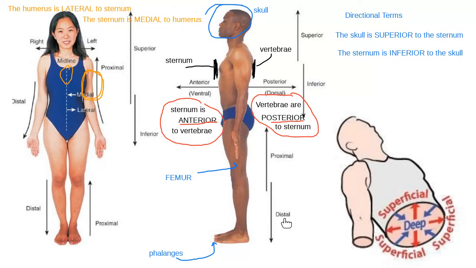When something is farther away, we are distal. So here's my sentence: the phalanges are distal to the femur. They're farther away from where this limb attaches to the torso.